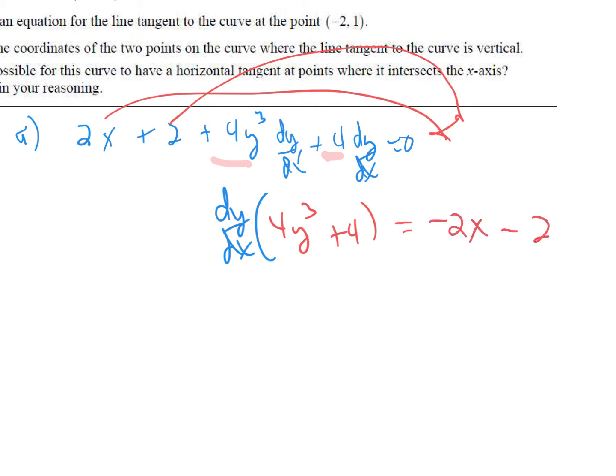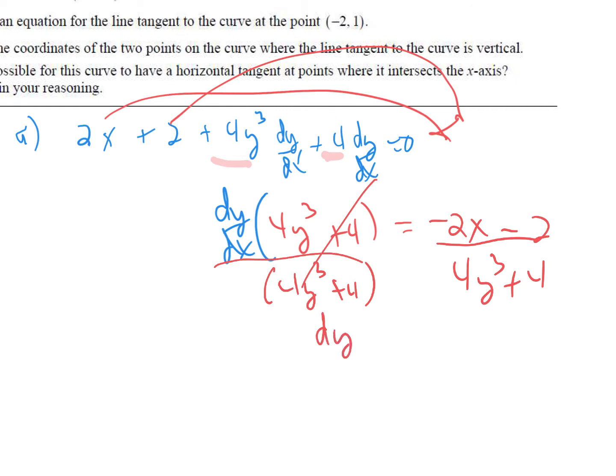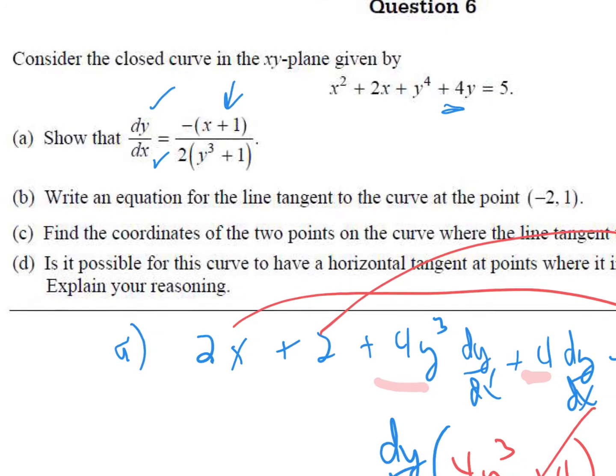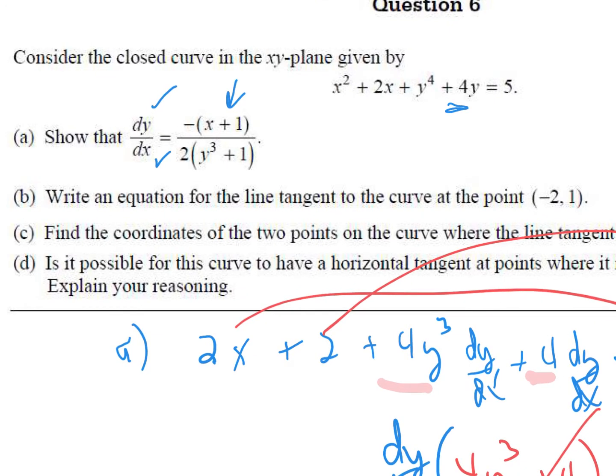There's only one step left. Divide both sides by 4y cubed plus 4, and that cancels. So my derivative is equal to negative 2x minus 2 over 4y cubed plus 4. Now, is that what he has here? It's not what he has here.